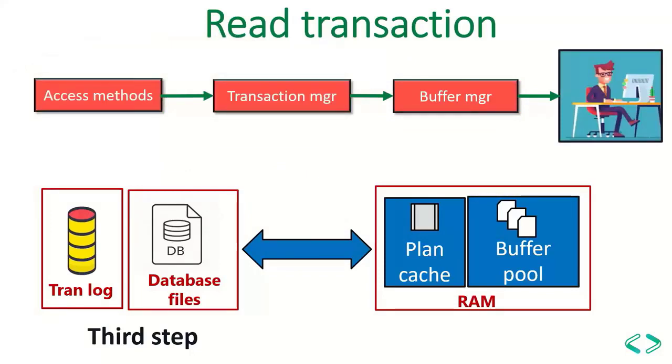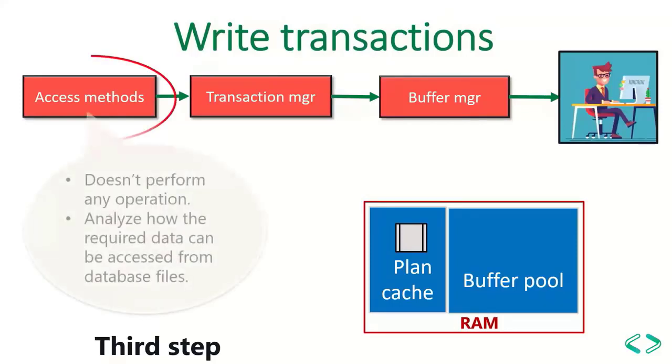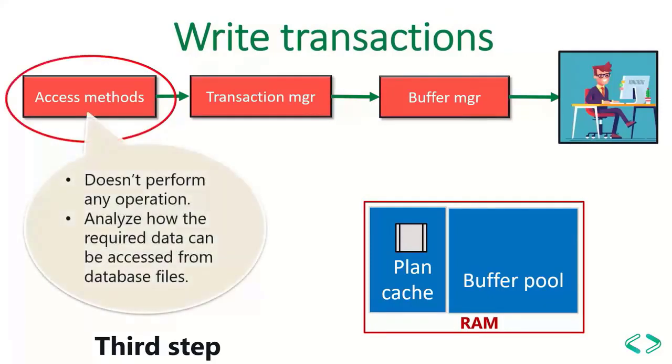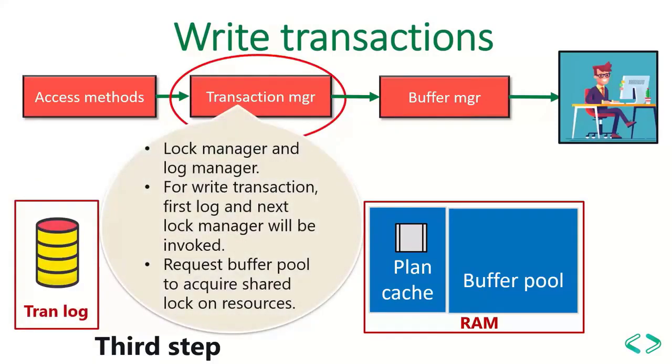Very simple. But what happens with the write transactions? As you know, the access methods by itself doesn't do any operation, but it will just analyze how it has to grab the results from the disk file system. But once the query is sent to the transaction manager, the transaction manager will now invoke the transaction log component first.